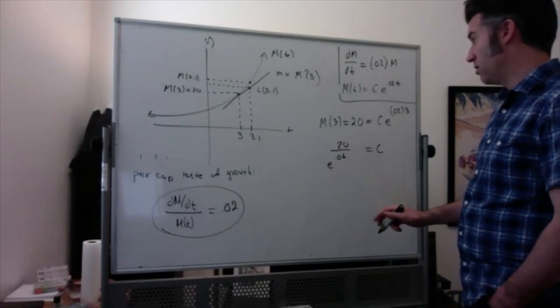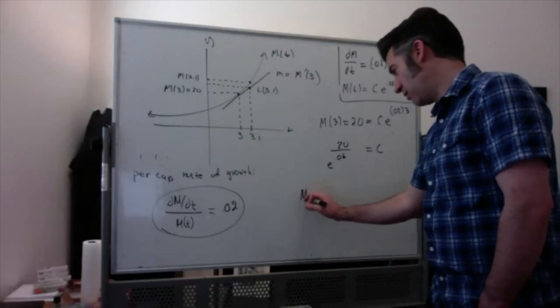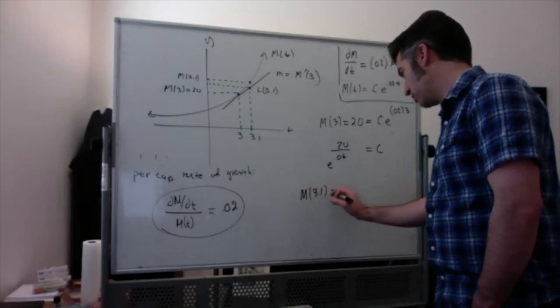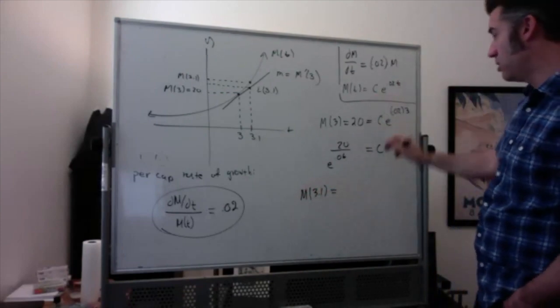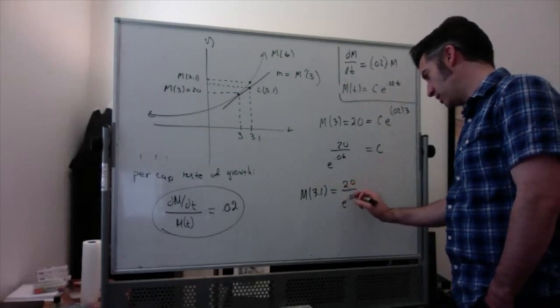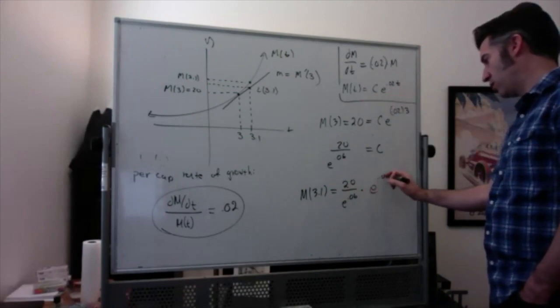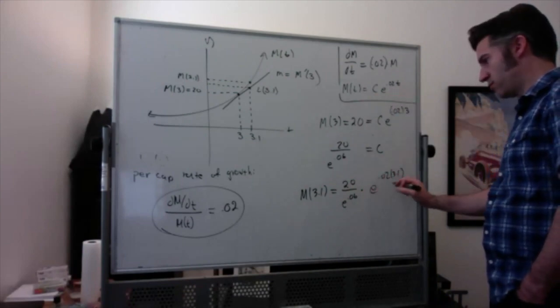So then if I want to find how many mice I actually have at 3.1, m of 3.1 is going to be, well, here's my model. It's c, which is 20 over e to the 0.06 times e to the 0.02 times 3.1.